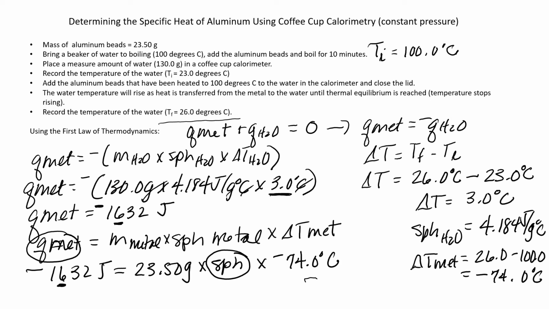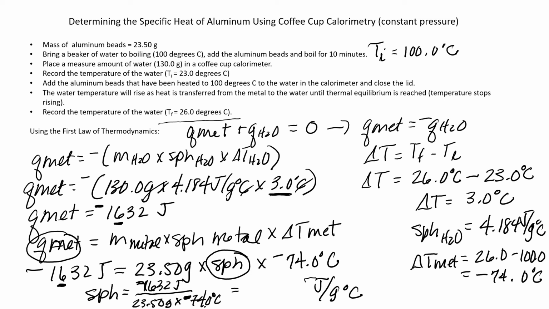Okay, now we're just going to rearrange this and solve for specific heat. So specific heat equals negative 1632 joules divided by the mass times the delta T. So in our final answer, we end up with units per gram degrees Celsius, and we've got a negative in the numerator and the denominator, so specific heat will be positive, and specific heat is always positive.